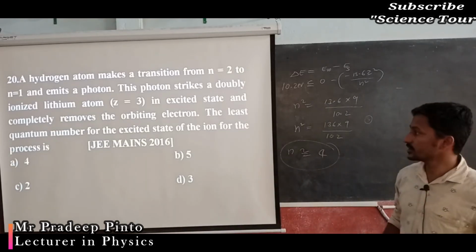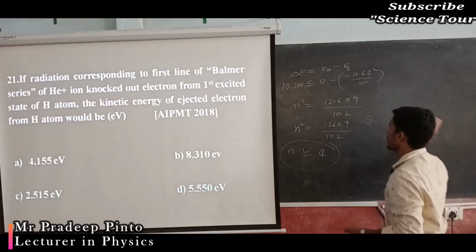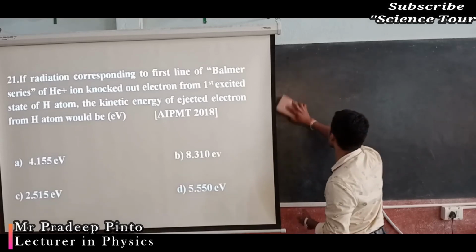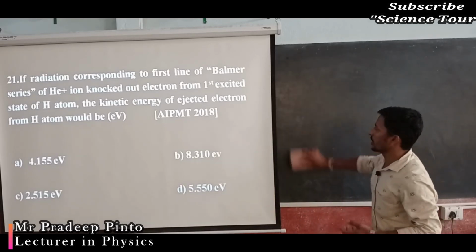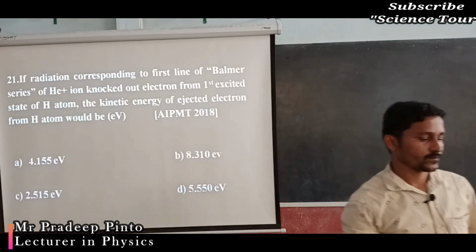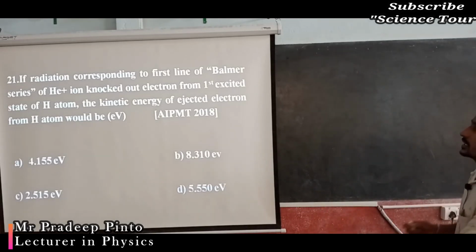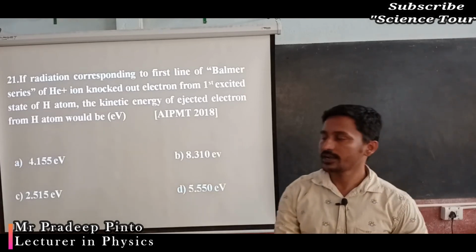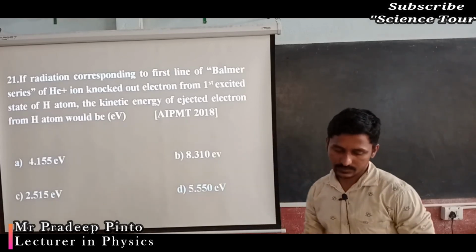So go to the next question, which is on the board. Once again, okay, so what is that? If radiation corresponding to first line of Balmer series of helium ion knocked out electron from first excited state of hydrogen atom, the kinetic energy of the ejected electron from hydrogen atom would be.